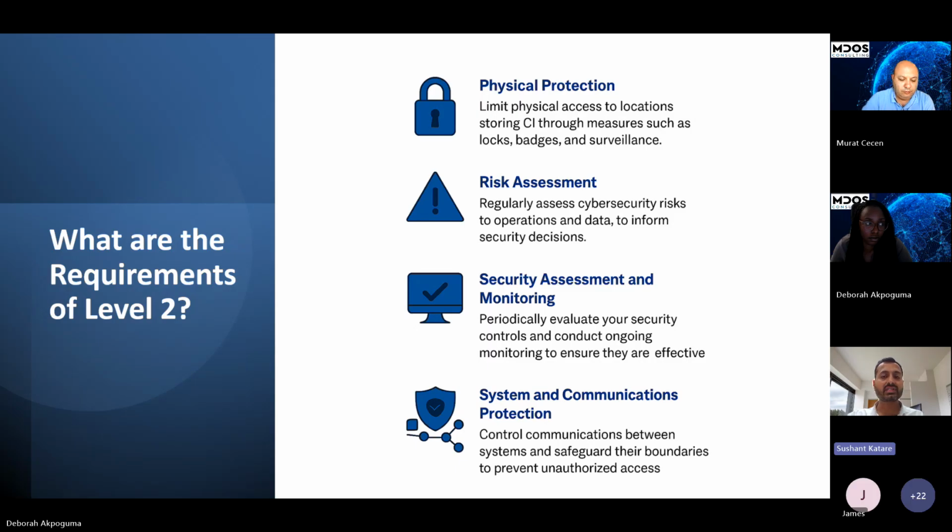That's where we talk about physical protection. It has to be justified using all requirements stated in the NIST SP 800-171 document. And this surveillance is also again feeding back to audit and accountability purposes.